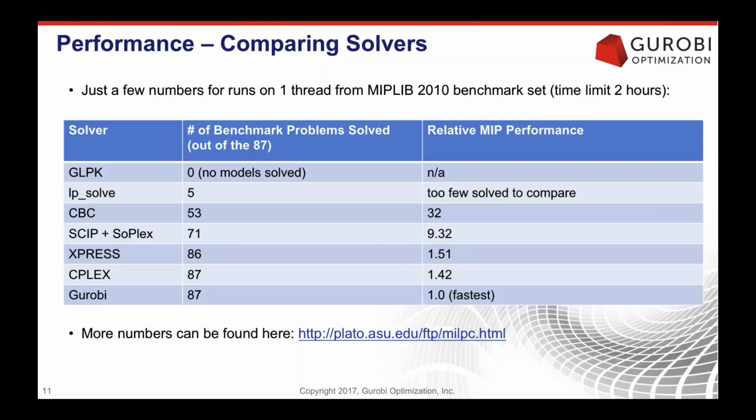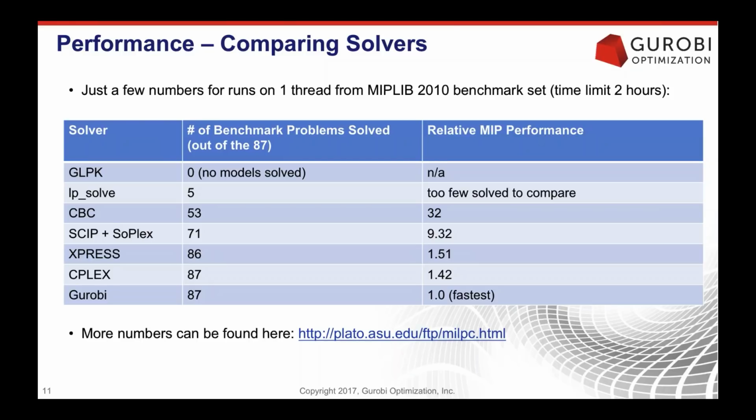So GLPK wasn't able to solve a single model within 2 hours. LPsolve just solved 5 models within 2 hours. And so for these two solvers, we actually cannot compare the performance, as they just solved too few models to compare it, really.